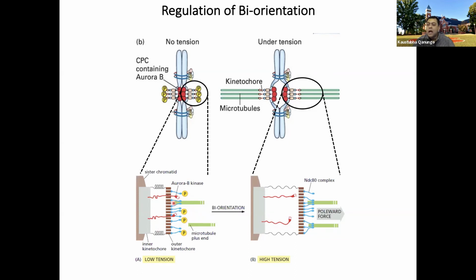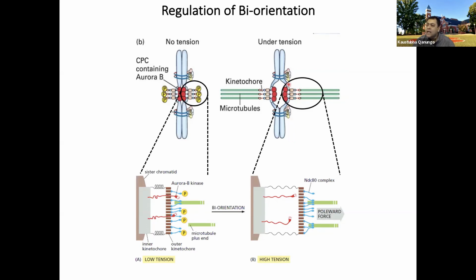As the chances of each of these kinetochores to be pulled are increasing, you can see right here, both the chromosomes are still attached, but this middle portion is going to get separated. And there is a tension being built up. This is just by the amount of microtubule going and attaching to the outer kinetochore.